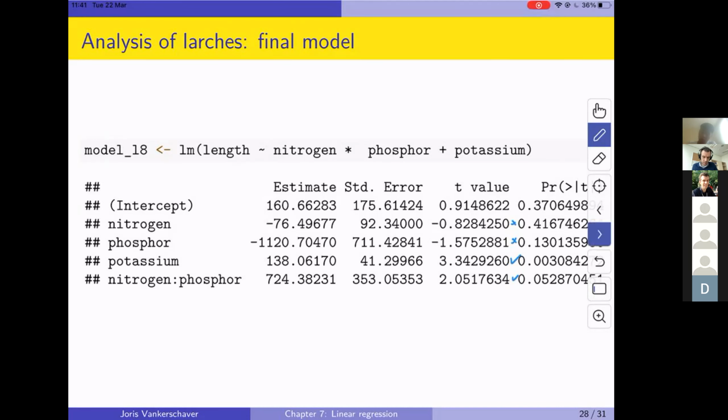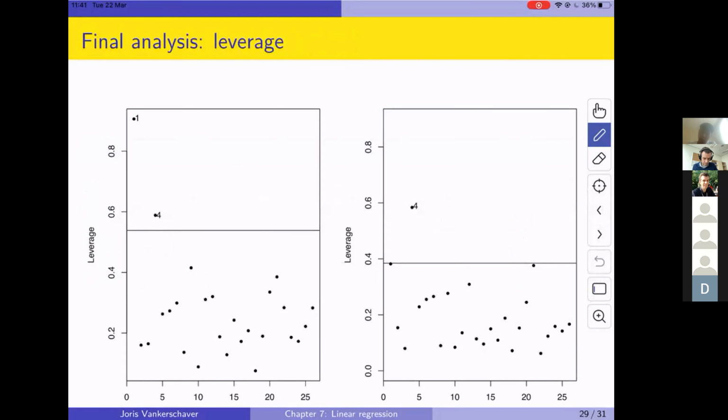So if we look at our final model, we can compare our original leverage here on the left with our reduced model, and we see that point 0.1 now no longer has such huge leverage.